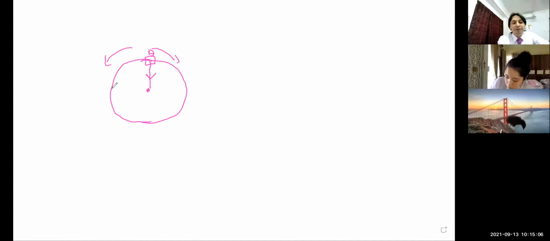After some time, the object will reach point B. Where is the direction of the force, children? Again, the direction of the force will be toward the center. If the object after some time reaches point C, at this point, again, force always acts towards the center.